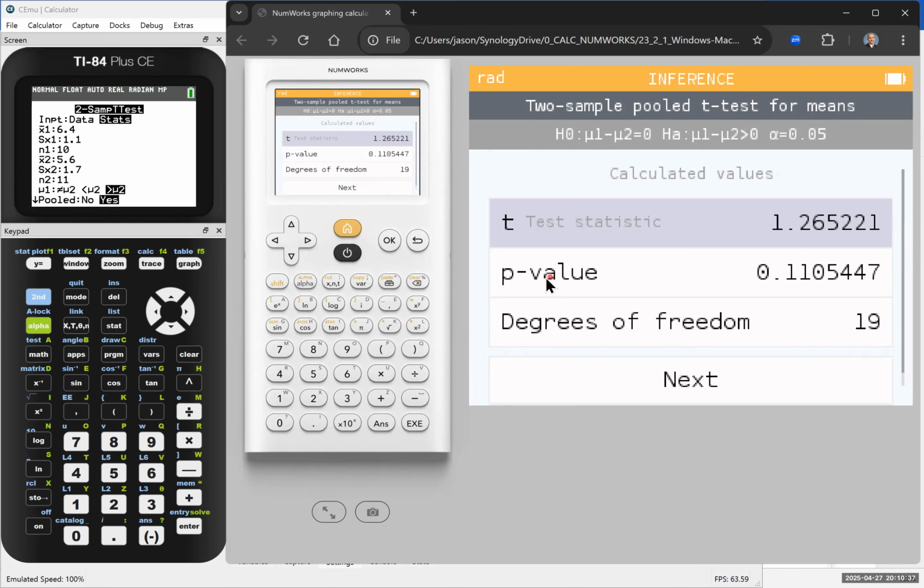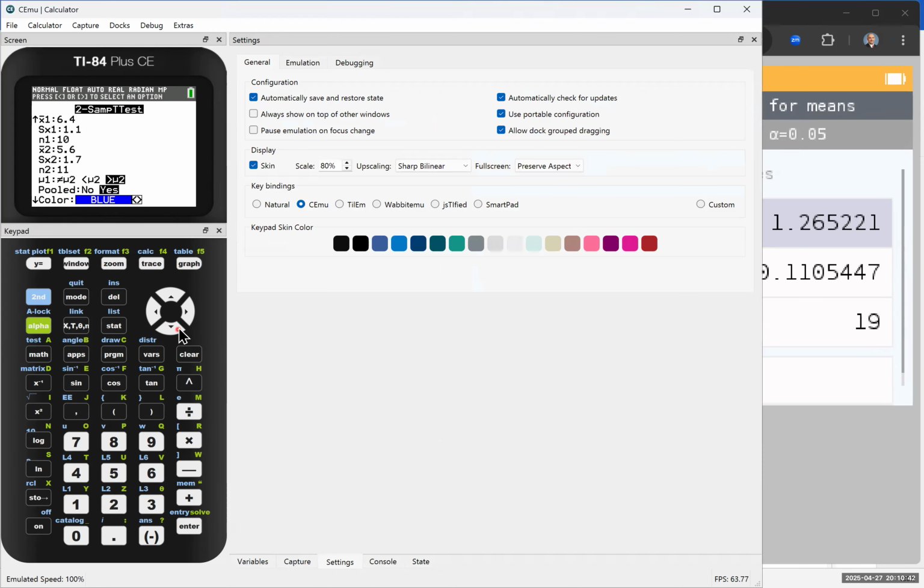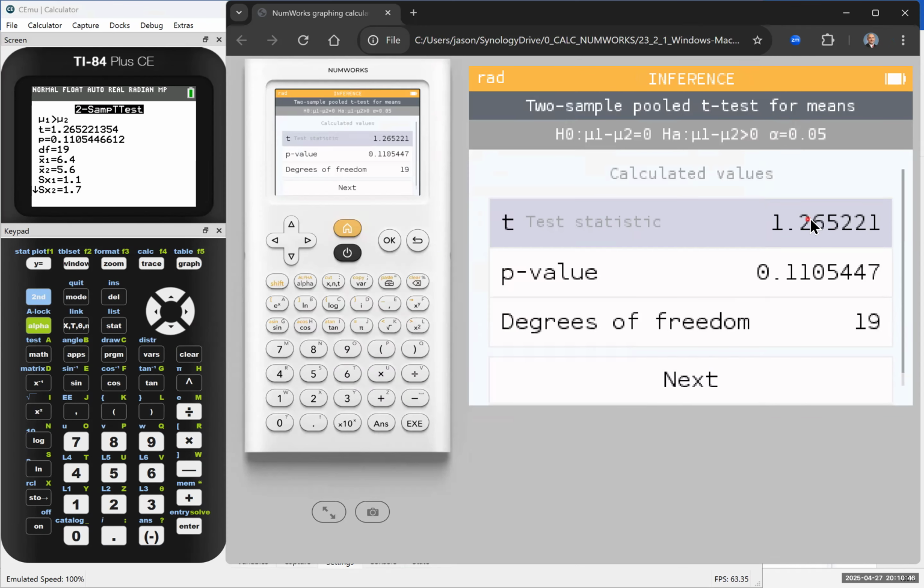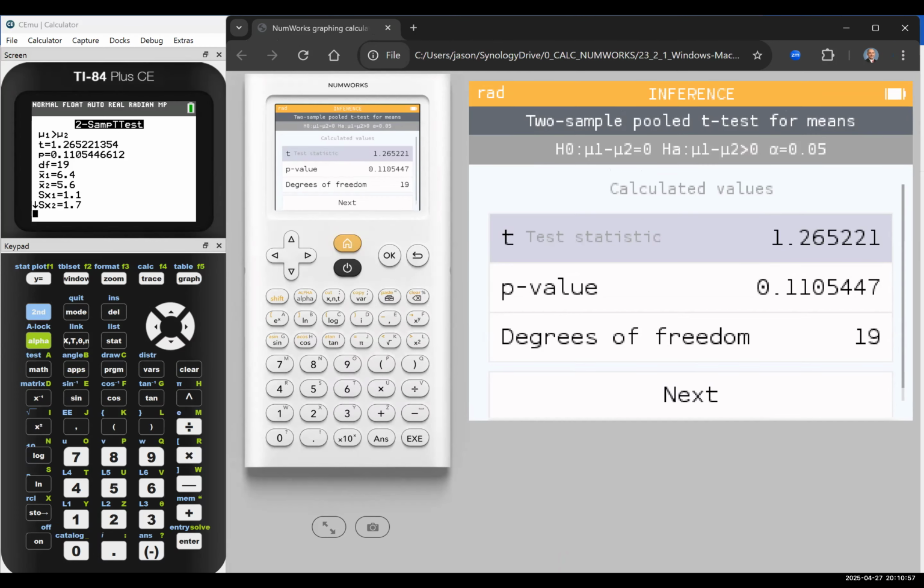Okay, there's our t-test statistic, our p-value, and degrees of freedom. Let's corroborate that with the Texas Instruments. And it looks like we're getting the same values. All right. So let's go back.